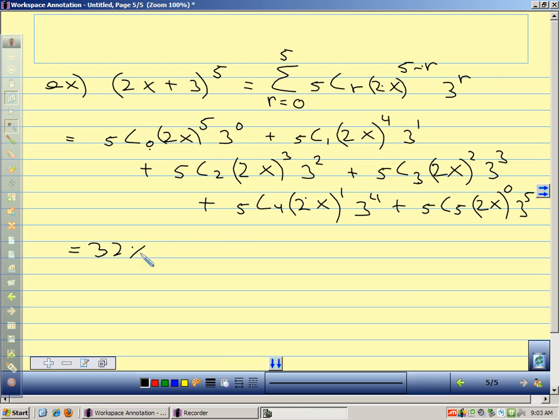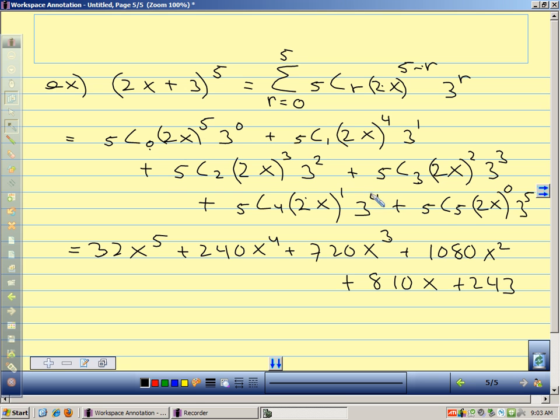32x to the 5th plus 240x to the fourth plus 720 x to the third, sorry, this should be x to the third, plus 1080x squared plus 810x plus 243.